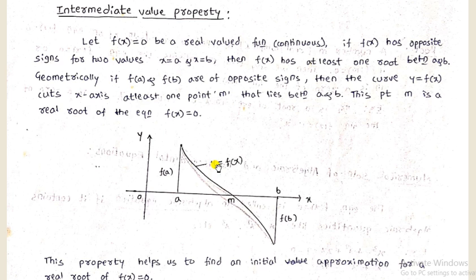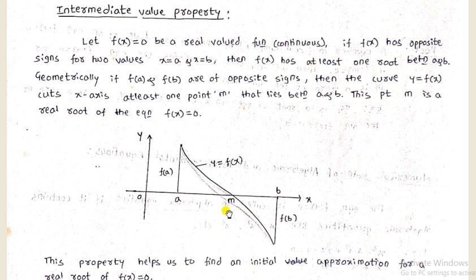And here y equal to f of x is a continuous curve, and this curve cuts the x-axis at the point m. So when you draw the curve, it will cut the x-axis, and this m lies in between the points a and b.